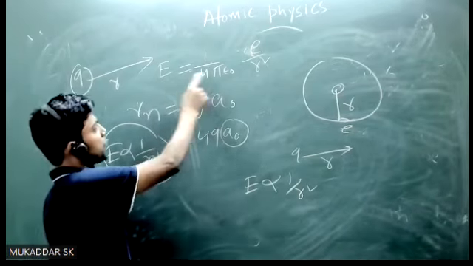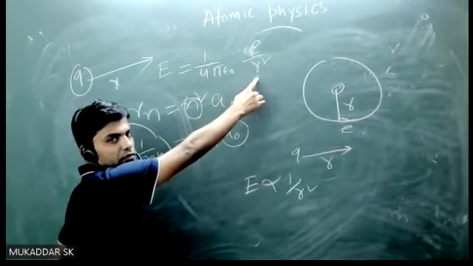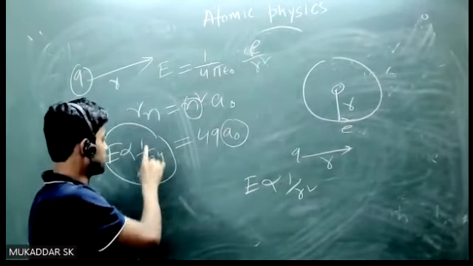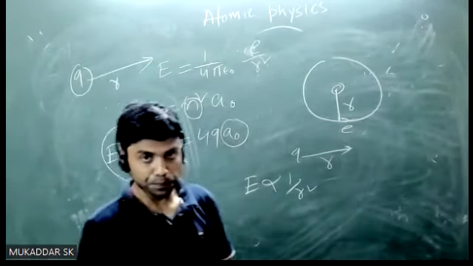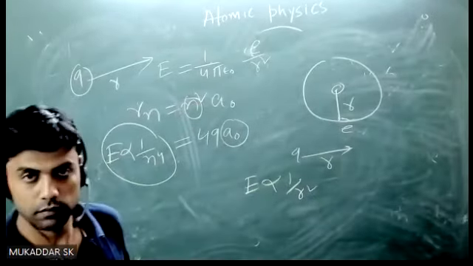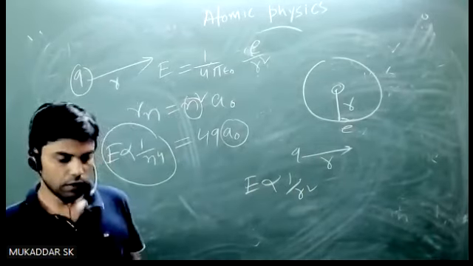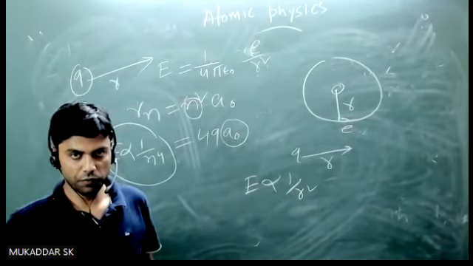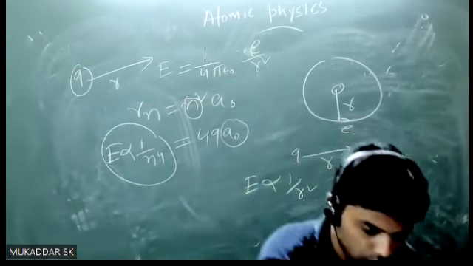Because E is proportional to 1 by r square, and r is proportional to n square, E is inversely proportional to n to the power 4. Is there any more question? No, sir. Okay, then I should stop here. Okay, bye all.